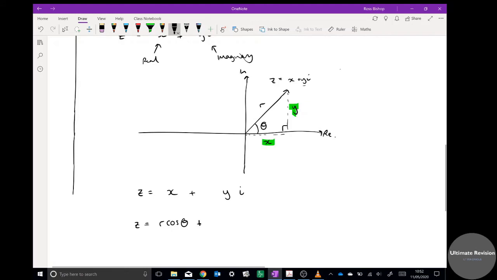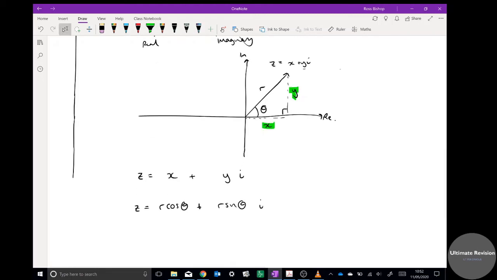It's a right angle triangle. That's going to be r sin theta, i. Okay, now that is mod arg form, modulus argument form, sometimes shortened to mod arg form, because you've written the complex number in terms of its modulus r and in terms of its argument theta.